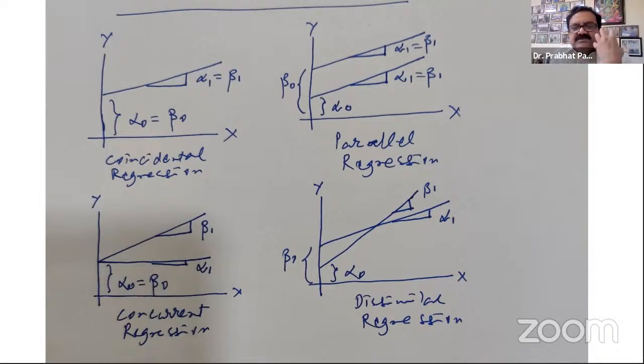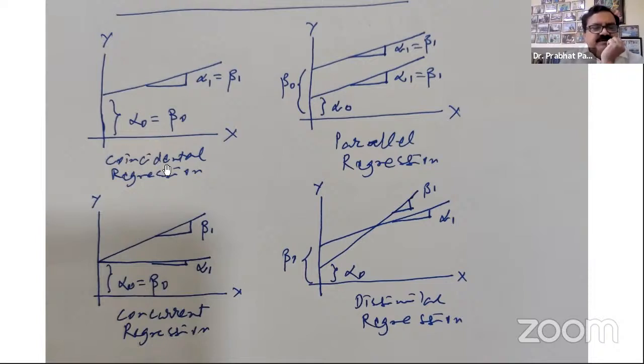So there is a structural change in the mindset of the people towards saving. After this particular period, or after this policy action, or after this event, there is a structural change in the mindset of the people. Now, these two are captured in the regression equation by the two betas. The intercept beta 0 captures the quantum, and the slope, that is beta 1, captures the behavioral part. So there can be four different scenarios that can emerge.